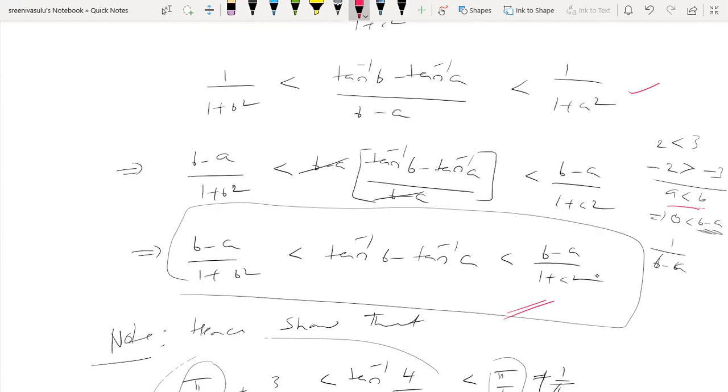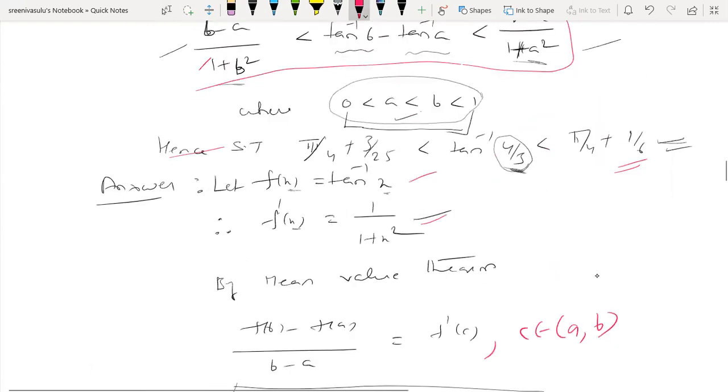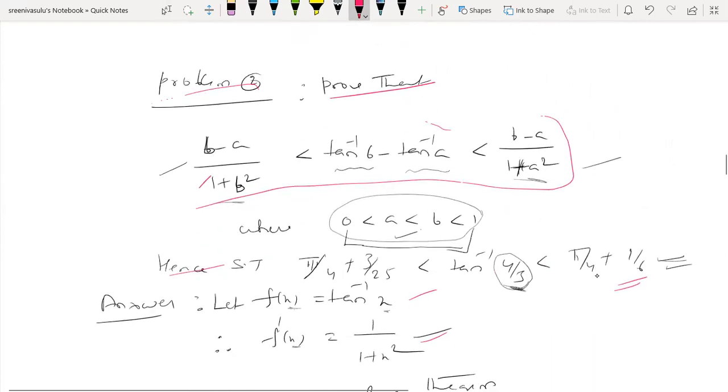Second part is, and hence deduce that, or hence show that π/4 + 3/25 less than tan⁻¹(4/3), which is less than π/4 + 1/6. Whenever you see this form, π/4, we get π/4 by applying the trigonometric inverse functions.